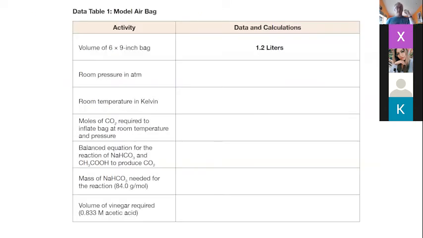So here's the data table. They give you the volume of the bag we're going to be using. You need to measure your room atmospheric pressure, temperature, and your calculation for the number of moles.